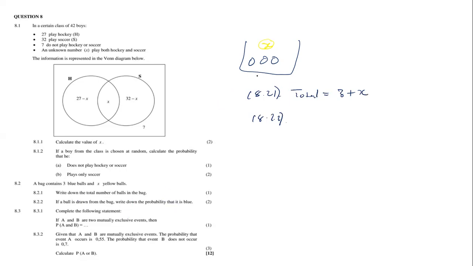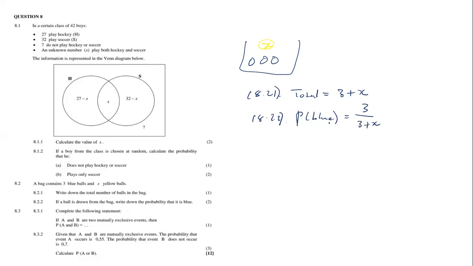When you choose the ball randomly, it is blue. So the probability of blue is equal to how much? There are 3 blue balls, and the total number of balls in the bag, we said, is 3 plus X. This is the probability of us choosing a blue ball in the bag.